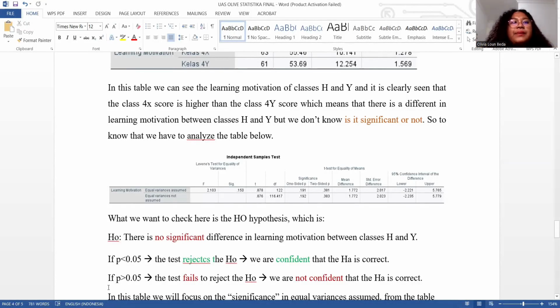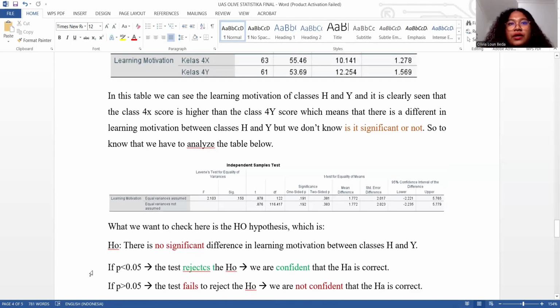But if the p-value is above 0.05, that means the t-test fails to reject the H0, so we are not confident that the HA is right.